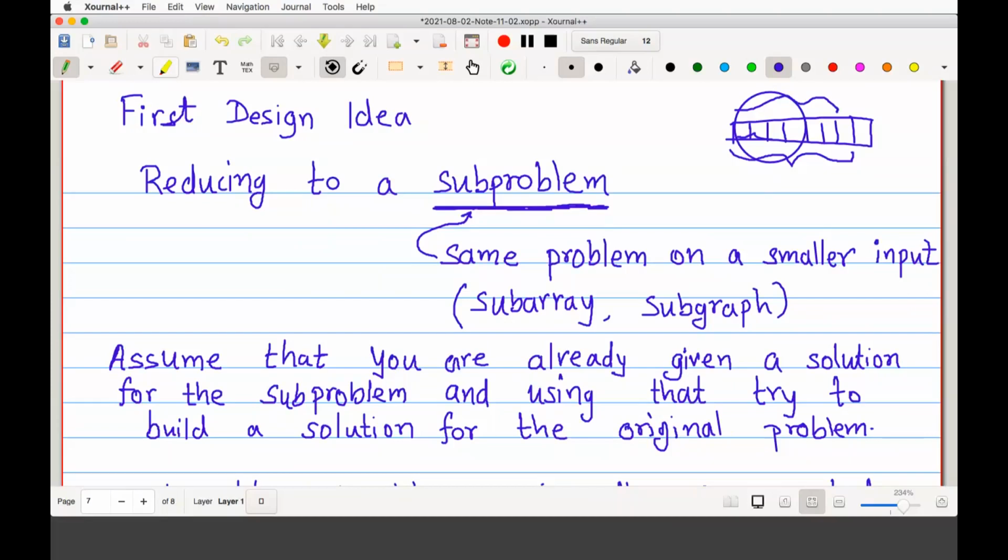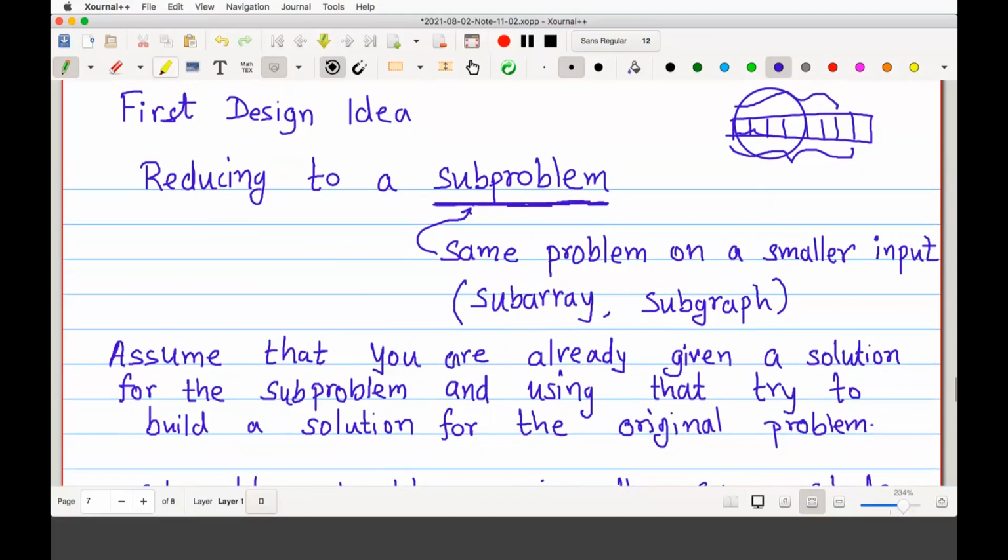Can you use some simple tricks, some simple operations, to design a simple algorithm which can take the solution of the subproblem and come up with a solution for your original problem? That's the first thing you could think about.